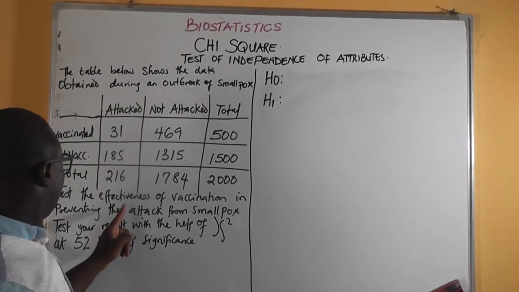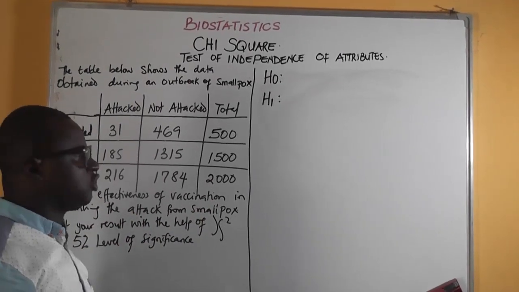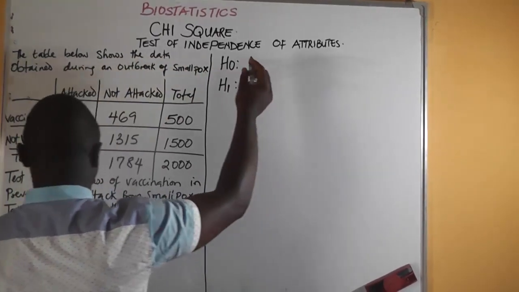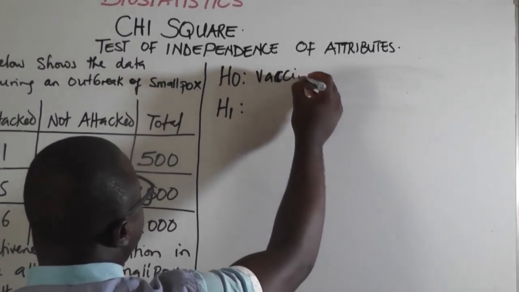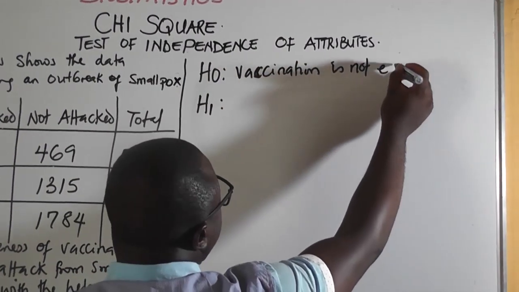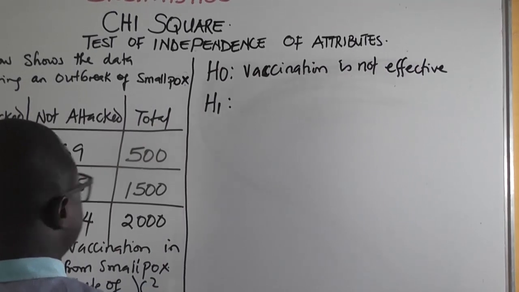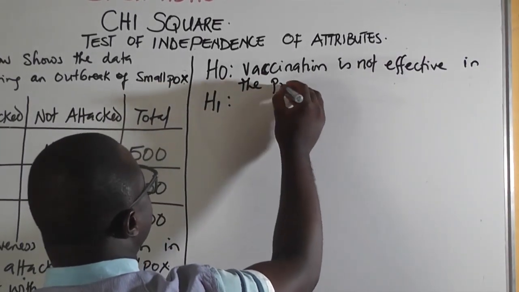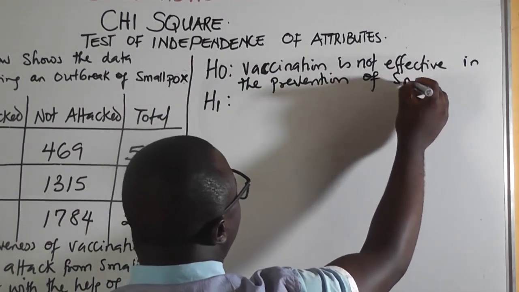So we want to know if vaccination is effective in the prevention. So what would be our null hypothesis, right? Vaccination is not effective in the prevention of smallpox.